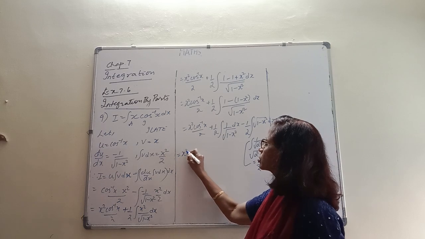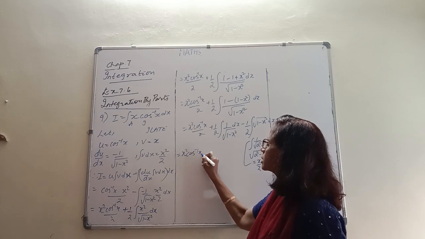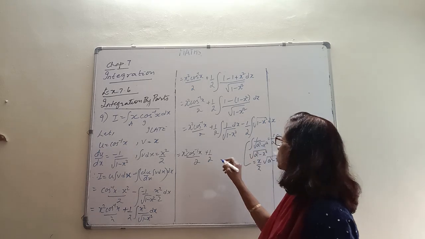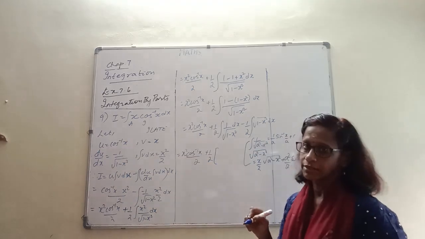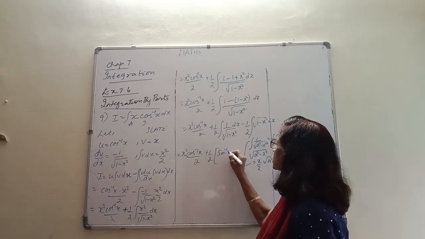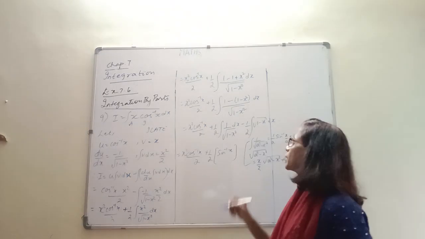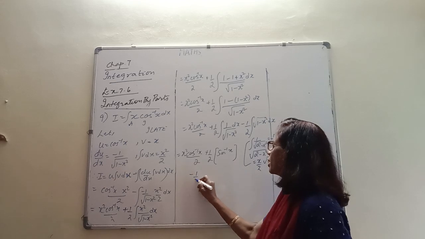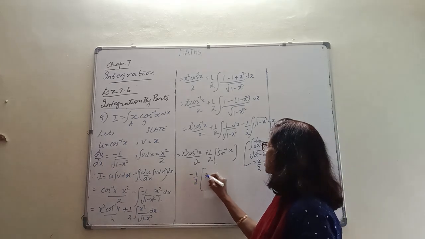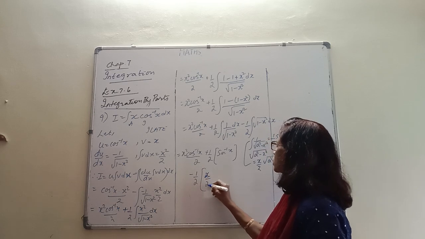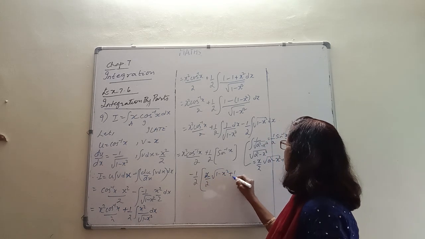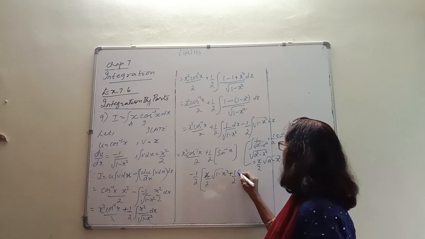Here you have x squared cos inverse x over 2 plus half times, and we apply this: 1 over a is 1 itself, so that's just sine inverse of x, because a is 1. Then we apply the integral here also, half times x over 2 root of 1 minus x squared, then plus a squared over 2 sine inverse of x over a.